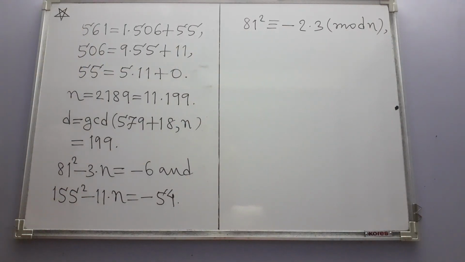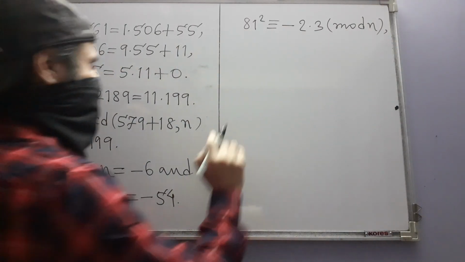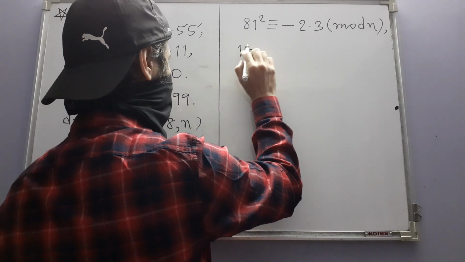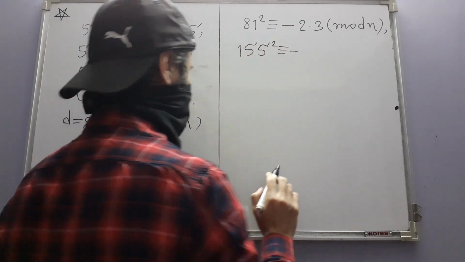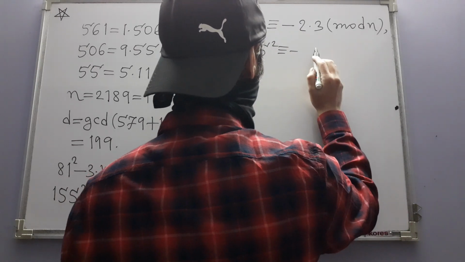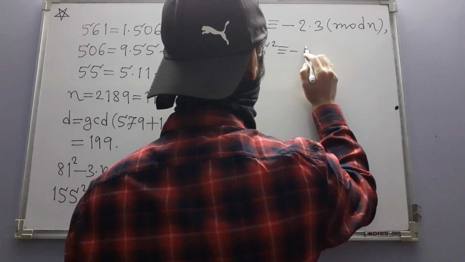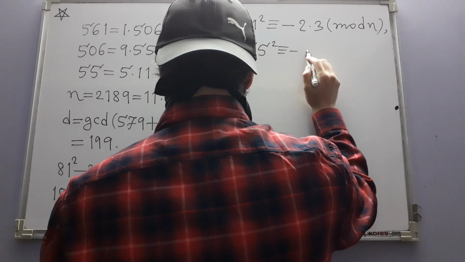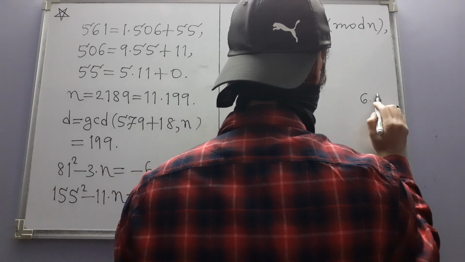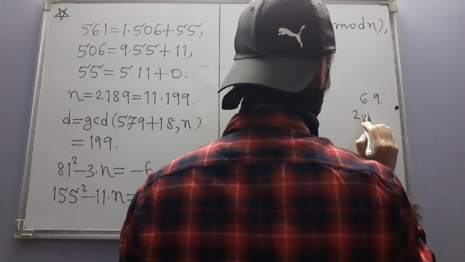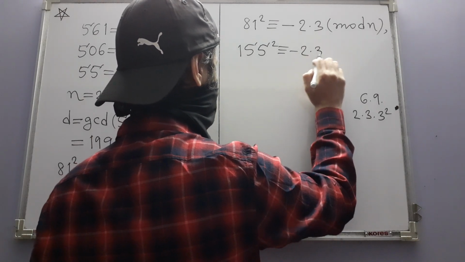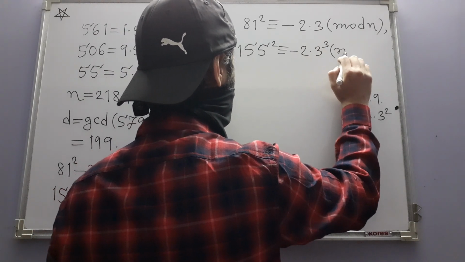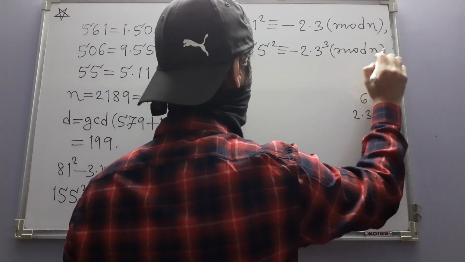So this is one congruence, and the second one gives us 155 square congruent to, so this is 54, no, so 6 times 9, that is 2 times 3 cube modulo n.